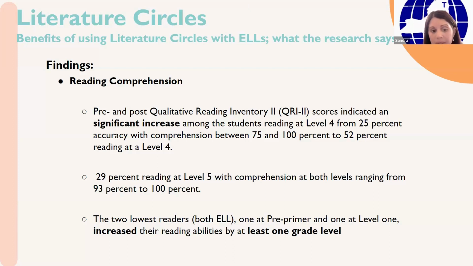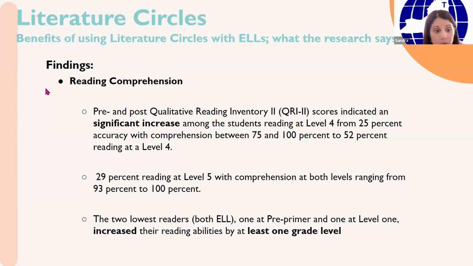So there was a significant increase there. Also, students that were currently on level 5 did show an increase. It wasn't as significant, but they did move up to 29% of comprehension at both levels.